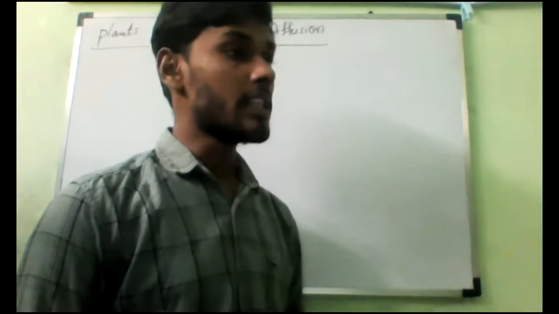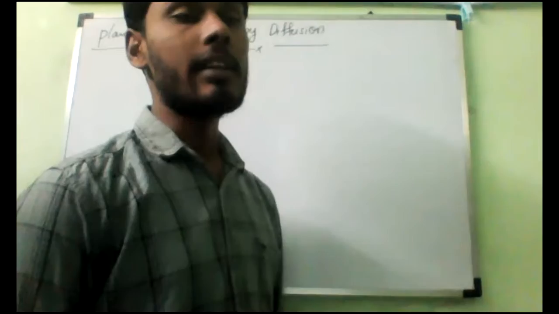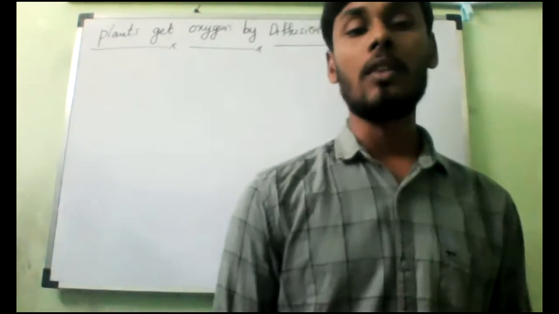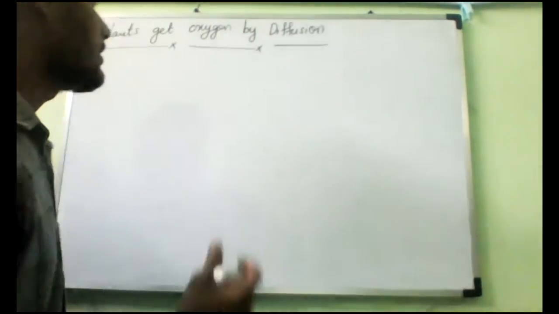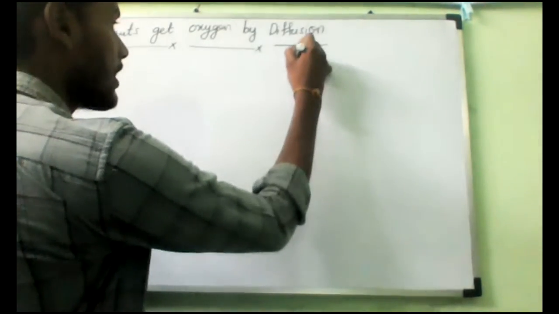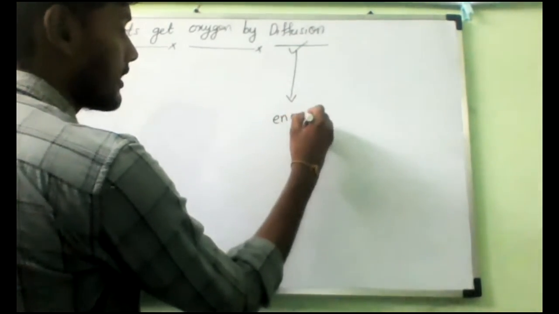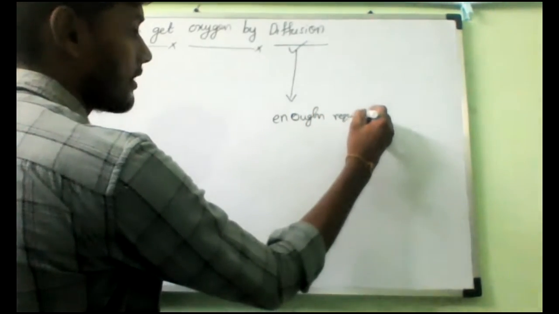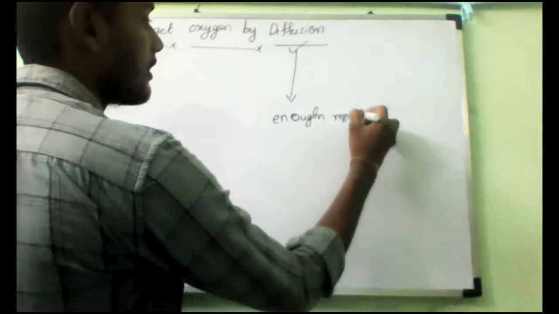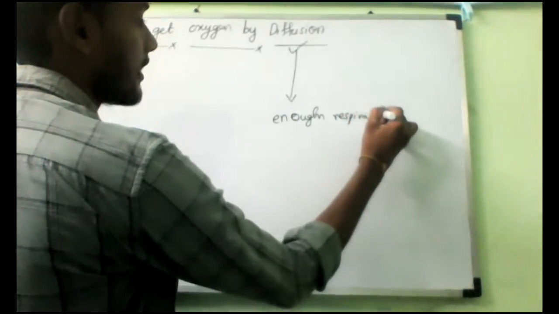So diffusion occurs in the roots, stems, and leaves of plants. In every part of the plant diffusion occurs, and this diffusion alone is enough to supply the required oxygen for respiration. Why?